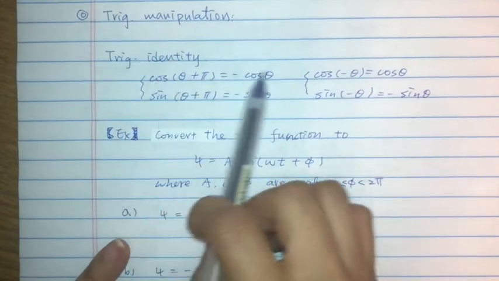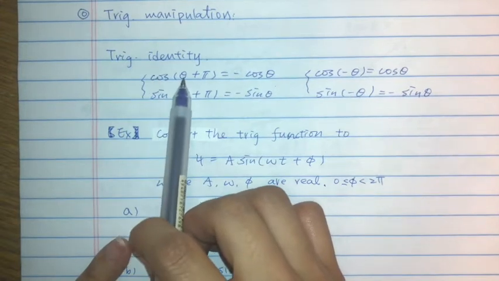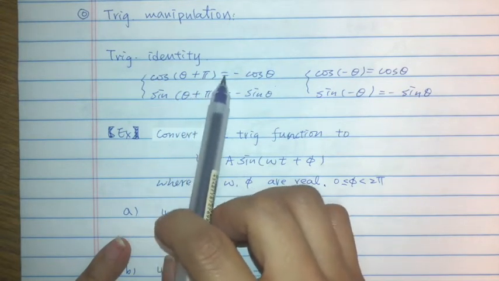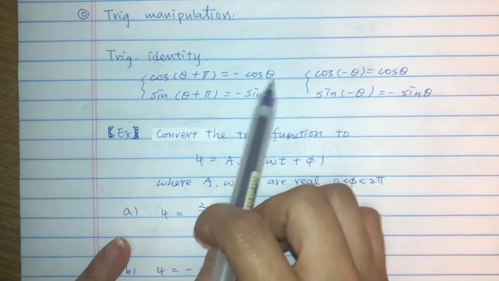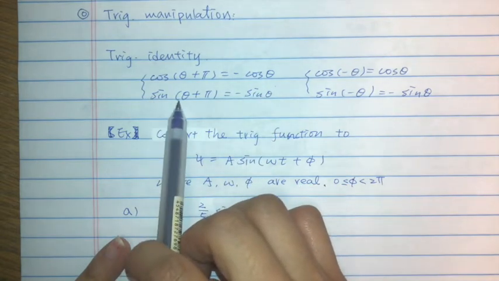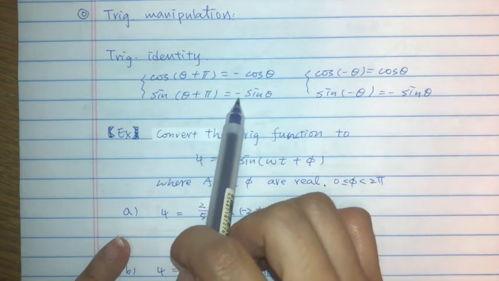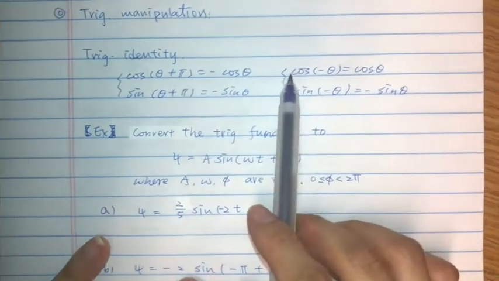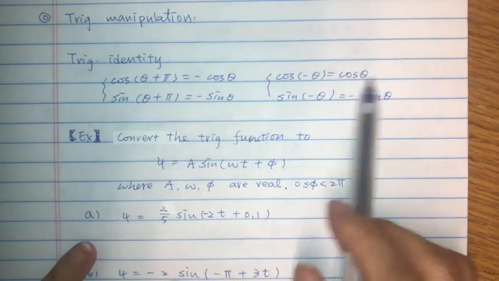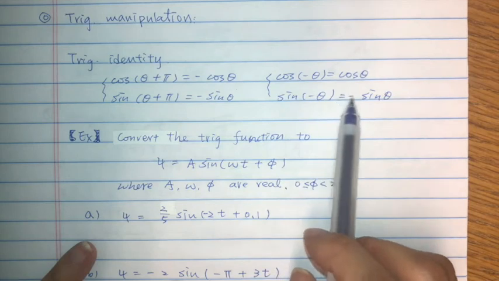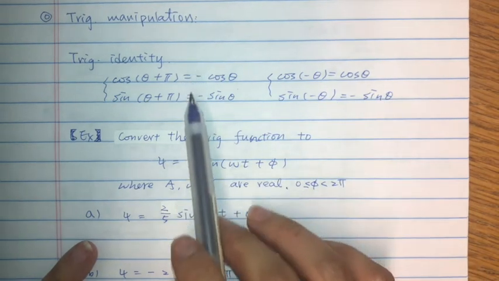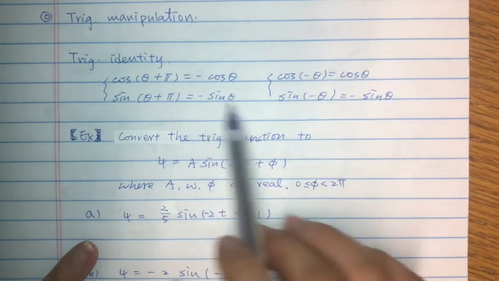So these are the trig identities. Cosine of theta plus pi is equivalent to negative cosine theta, and sine of theta plus pi equals negative sine theta. And cosine of negative theta equals cosine theta, sine of negative theta equals negative sine theta. So these are 4 identities that will be useful.